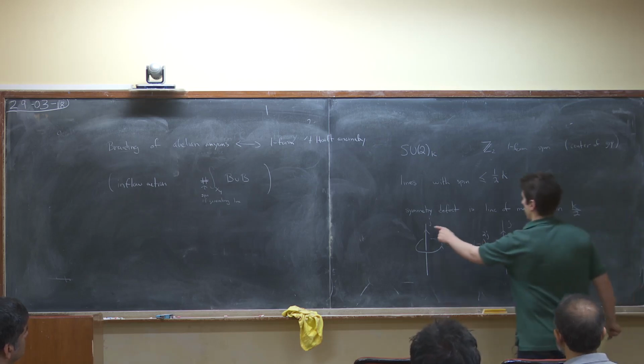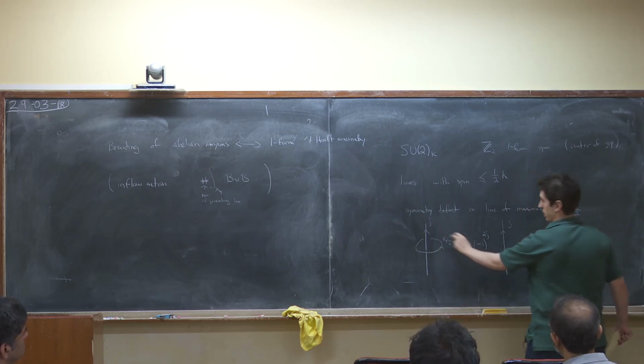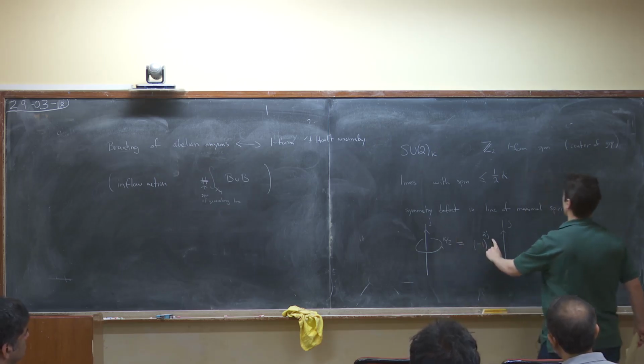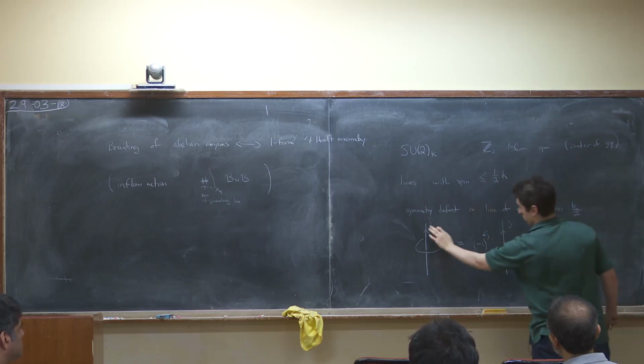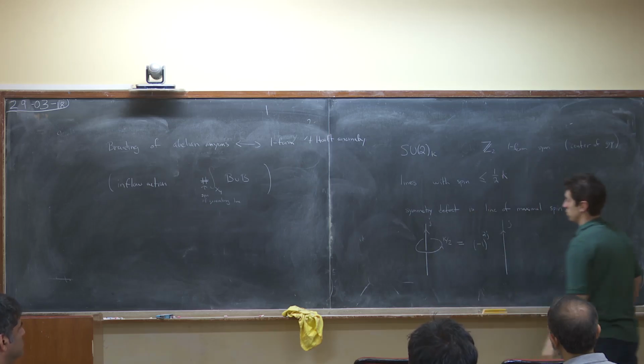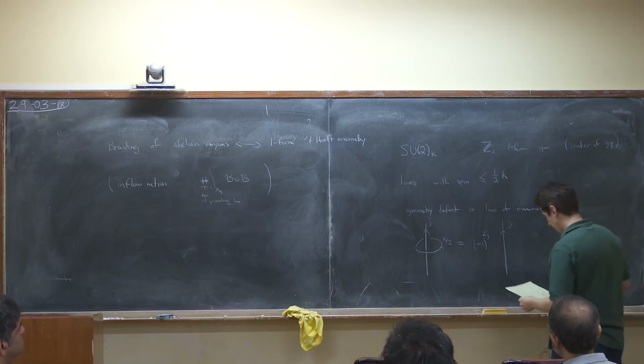So if J is a line of half-integral spin, we get a minus sign. If J is a line of integral spin, we do not. And that's why this one-form symmetry is associated to the center. It's measuring how the representation carried by J transforms under the center of SU(2). Okay.